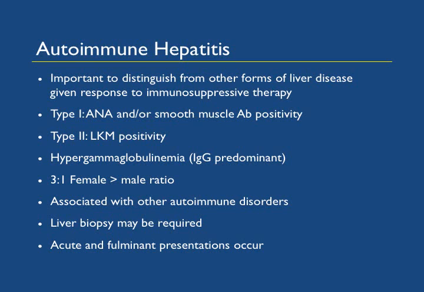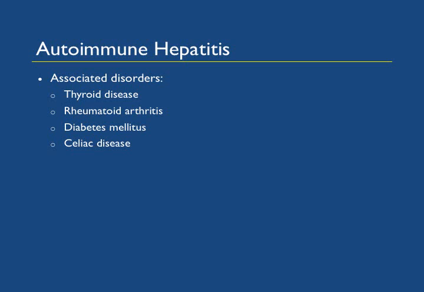A liver biopsy may be required in autoimmune hepatitis to make the diagnosis. And it's also important to recognize that there are acute and fulminant presentations of autoimmune hepatitis, although the classic presentation is a chronic hepatitis.